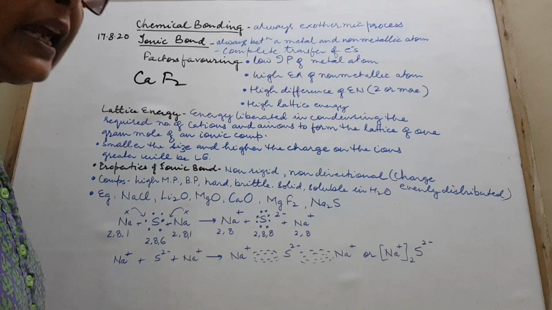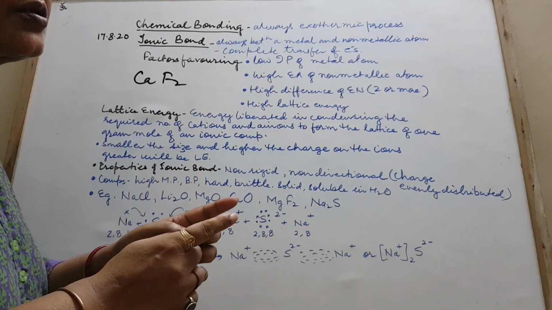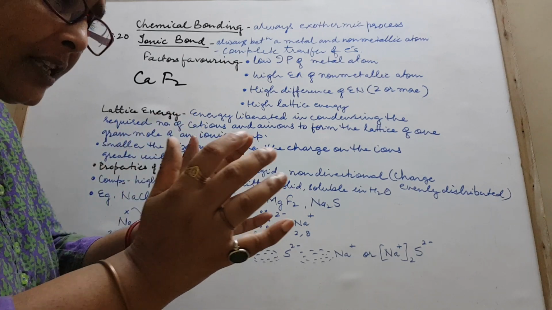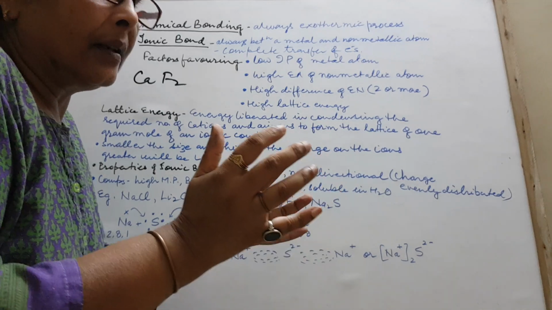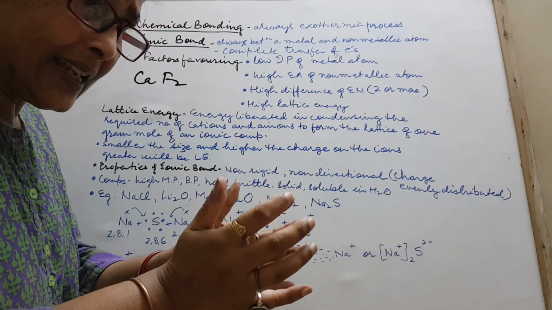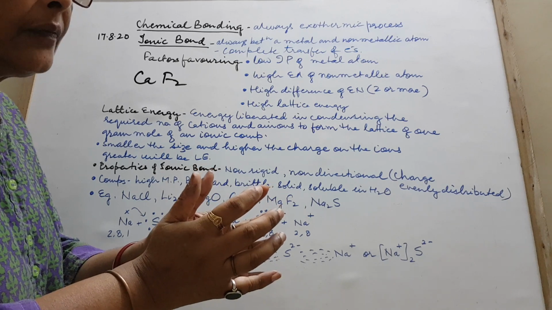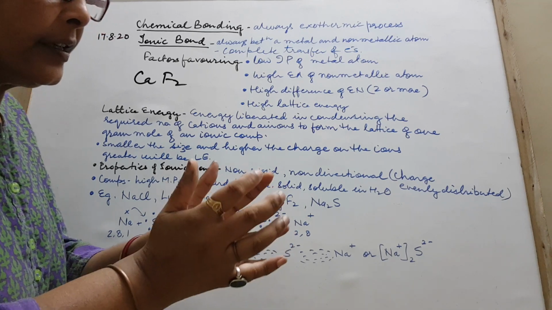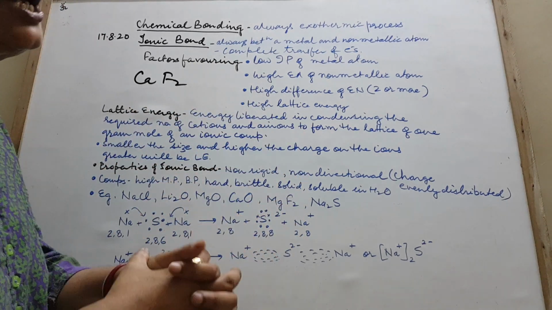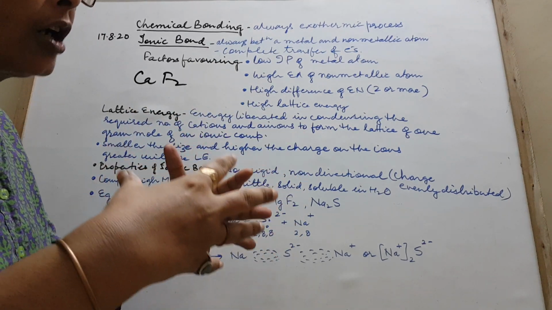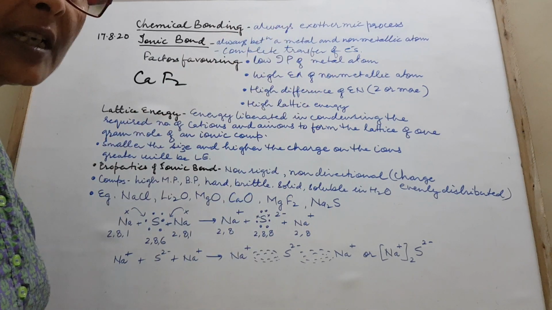I repeat, if the ions are smaller in size, internuclear distances will be smaller, they'll be closer to each other, attracting each other more tightly, and will be forming a better bond. Then if they have high charge, again more force of attraction will be there between the two of them and the bond will be strong. And during this process, a good amount of energy is released.